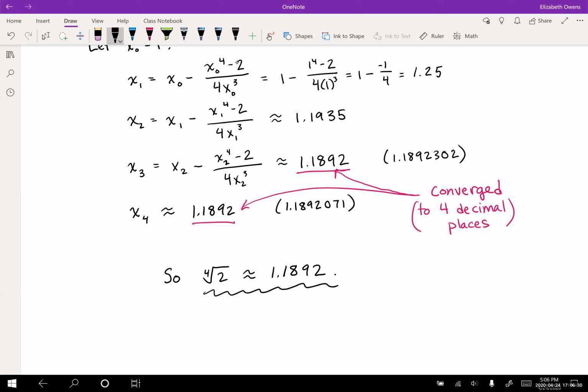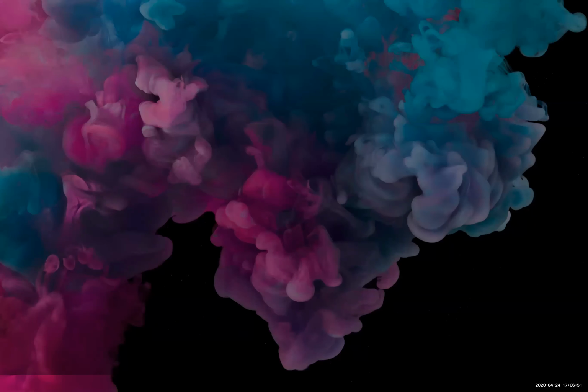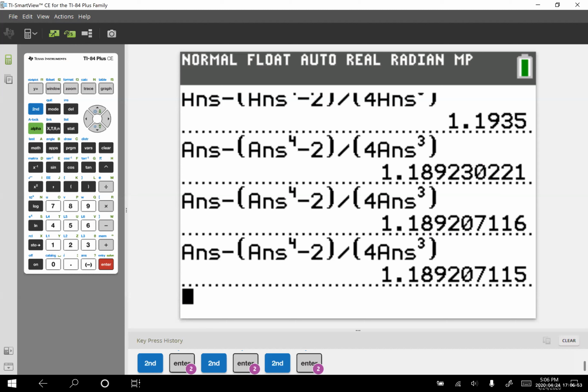Now, if you're curious, let's take a look at the actual 4th root of 2, just typing that in on a calculator. Type in 4th root of 2, and let's see what we get. Okay, so the 4th root is over in this math menu.